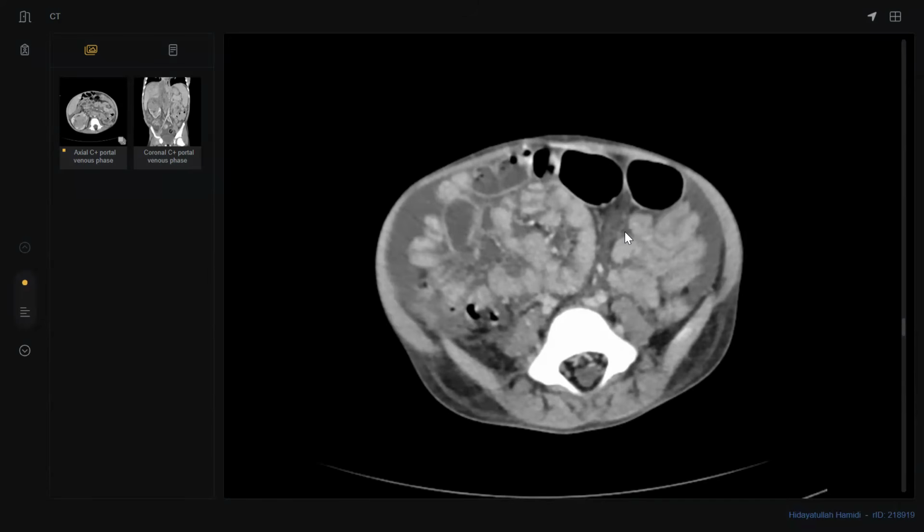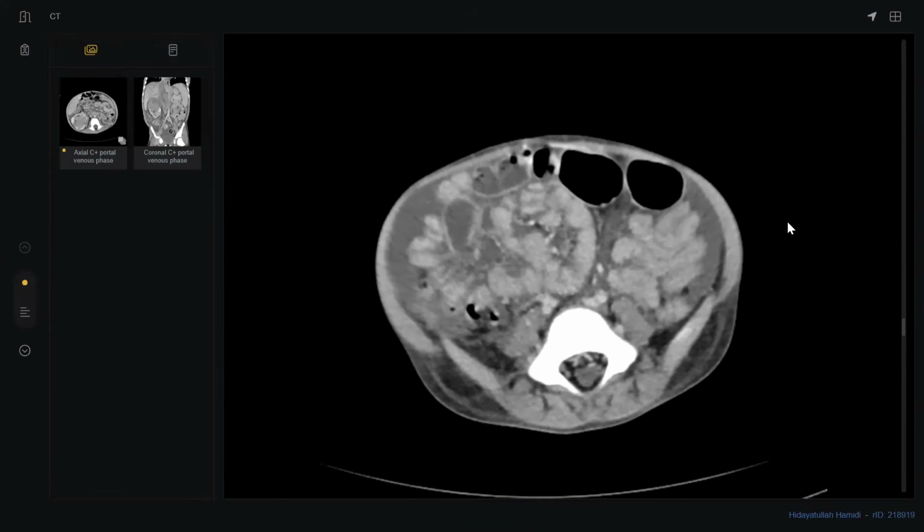Do you remember the history? Yes, abdominal distension in a young child. What is your final diagnosis? What is the most common cause of a renal tumor in a young child? In children, Wilms tumor is most common.